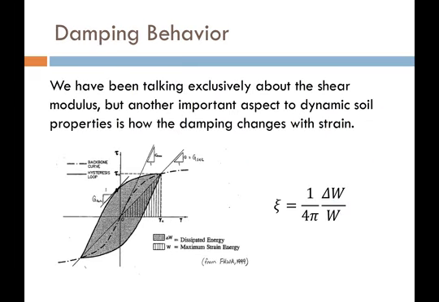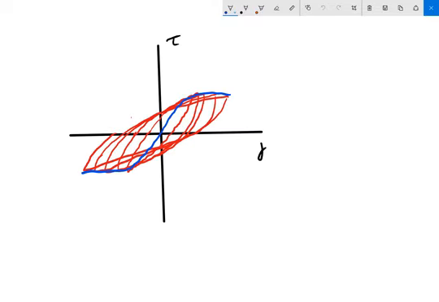So before we get to damping behavior, let's again review. Modulus reduction curves are intended to give us, for a given strain value, what this secant modulus is. Let me draw corresponding axes here.